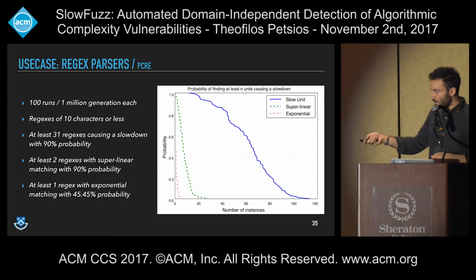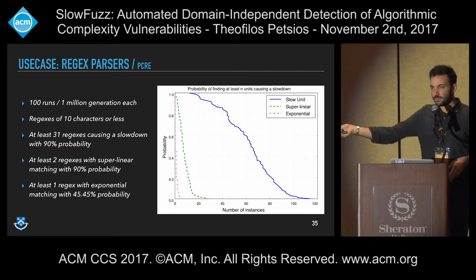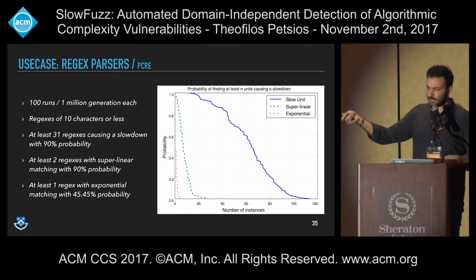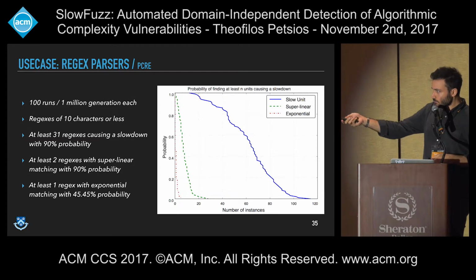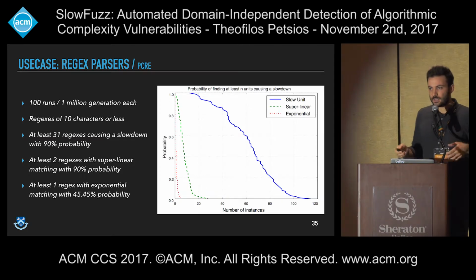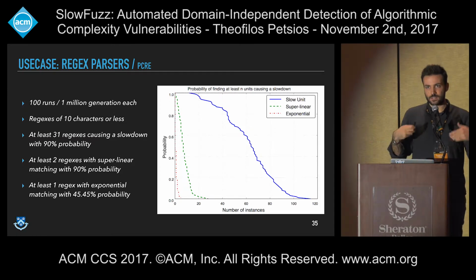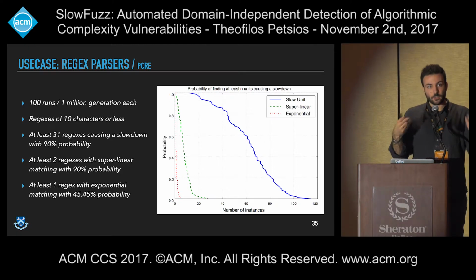This graph depicts an experiment where we have 100 runs, and in each run, we let the fuzzer run for 1 million generations. That is very fast, so it doesn't even take more than 10 minutes. We ask it to generate regexes of 10 characters or less, and we see that with 90% probability, it will generate at least 31 regexes that cause a slowdown, and at least 2 regexes with superlinear matching.